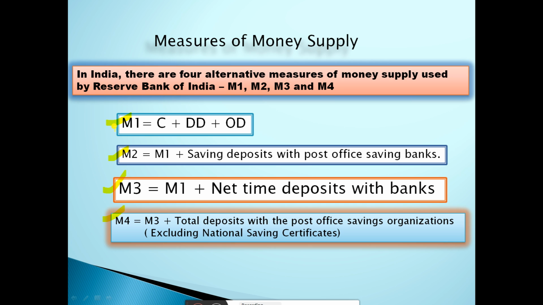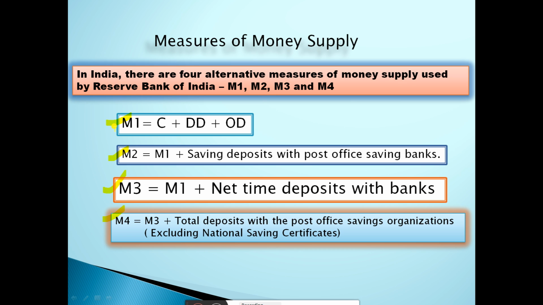M1 means C plus DD plus OD. Here C means currency, DD means demand deposits, and OD means other deposits. M2 equals M1 plus savings deposits with post office savings banks.